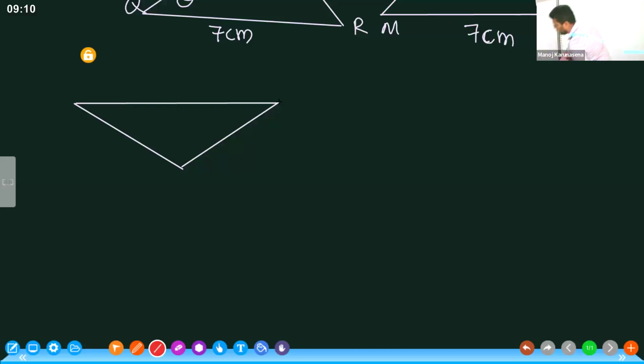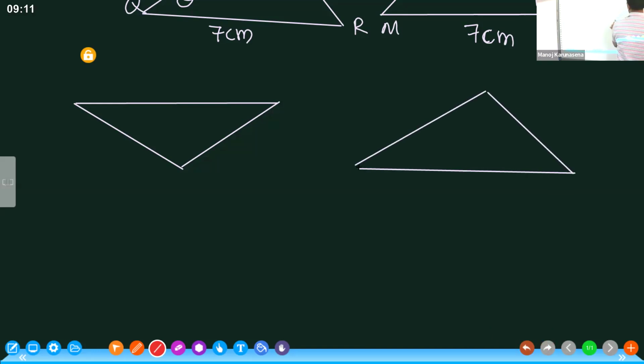We have a triangle like this. Then there is another triangle like this. Here 28 centimeters, 20 centimeters.